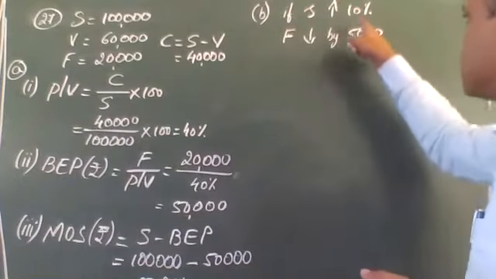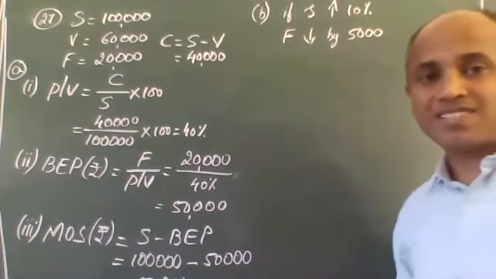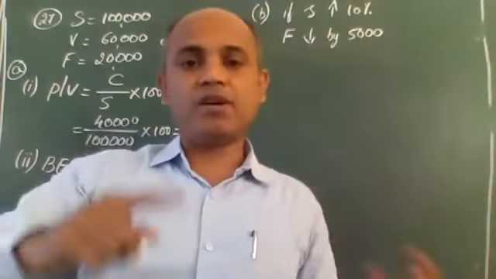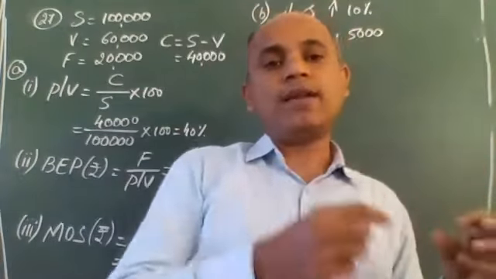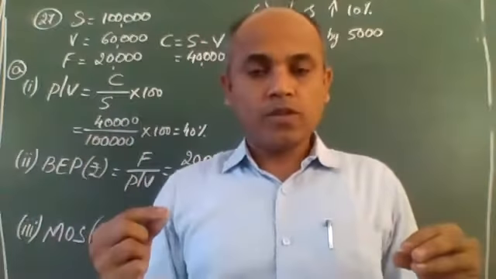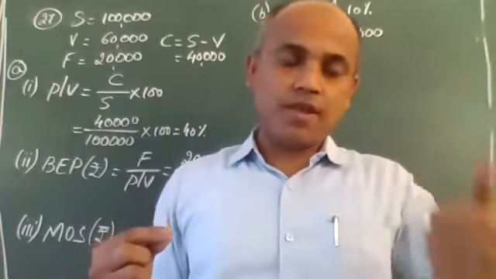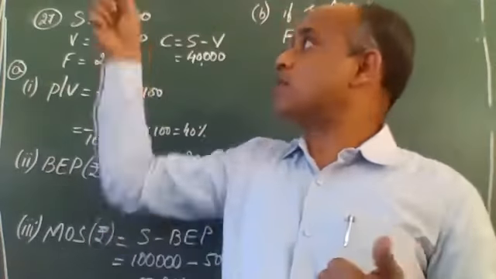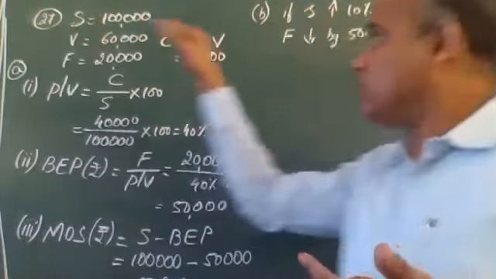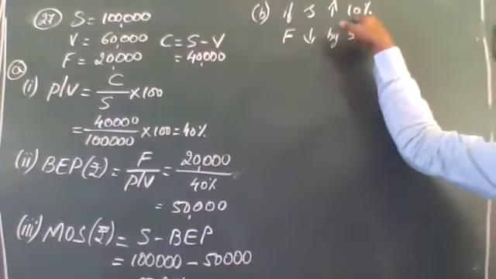Here the question comes is, whenever we say 10%, we are talking about 10 for every 100. So we will take an assumption that if the selling price was 100, now the selling price will be 10% more than 100.